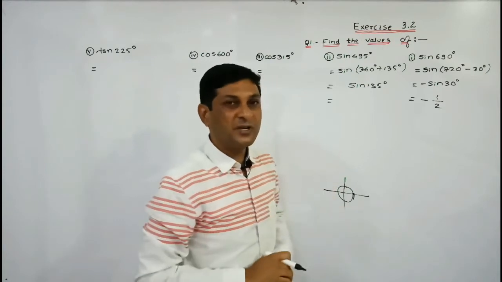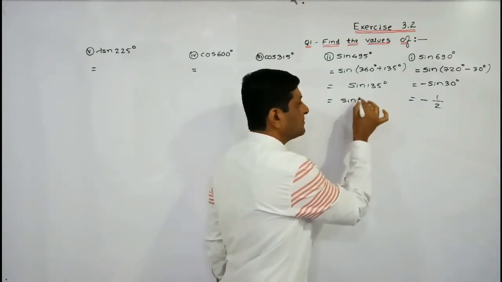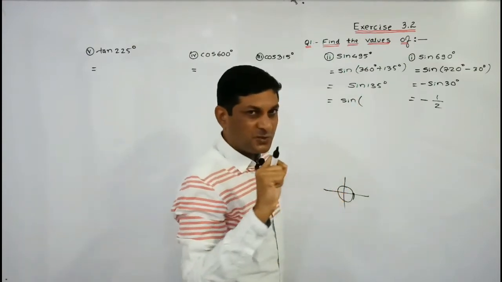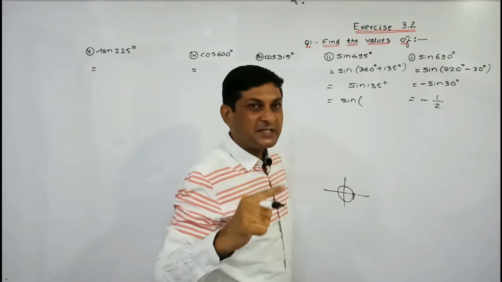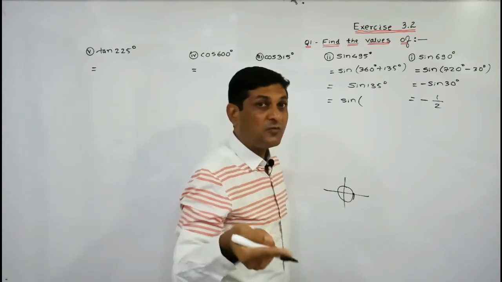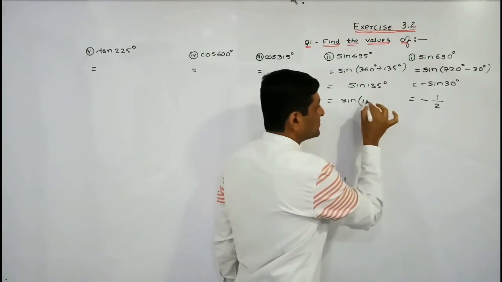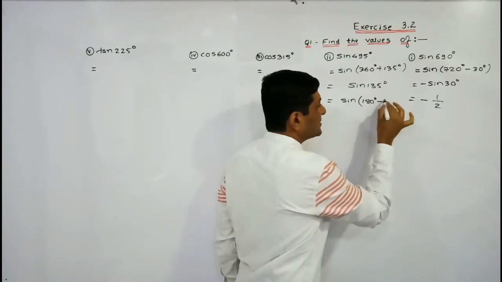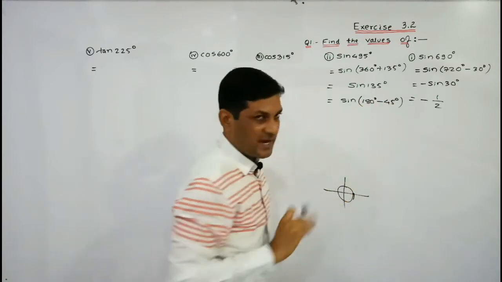Again let us try to simplify it in such a way that it becomes less than 90. Here we can observe that this 135 can be written as 90 plus 45 or 180 minus 45. We have two choices. So here write it as 180 minus 45, though we are able to write it as 90 plus 45 also.